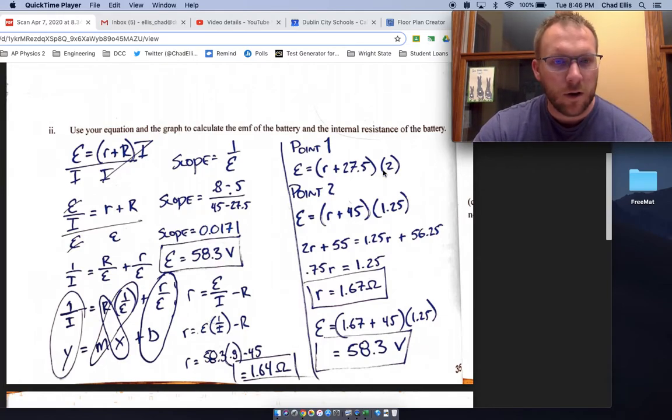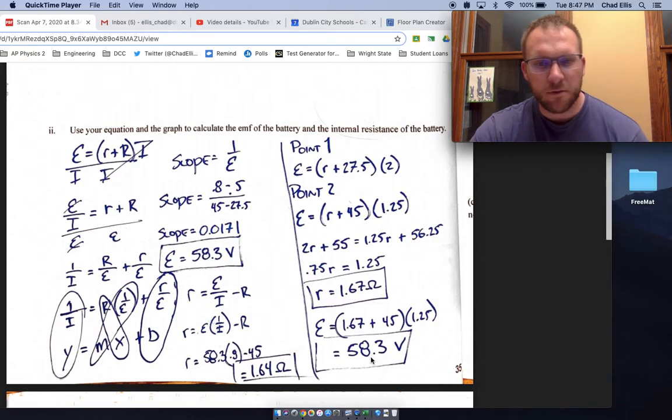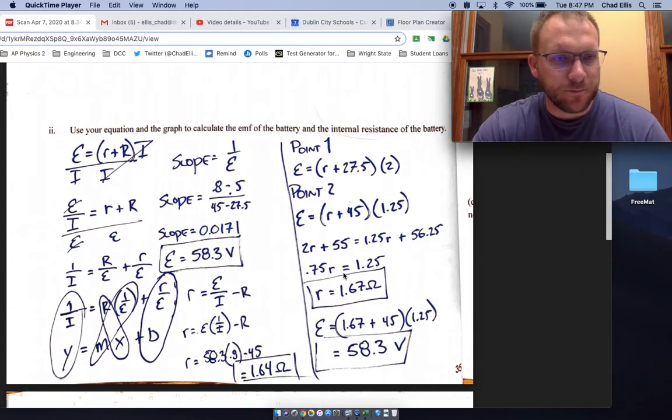So 1 over 0.5 is 2 and 1 over 0.8 is 1.25. Set those two equations equal to each other because they both equal E, and then I can work through this and solve for little r. I got 1.67, hey, that's really close to my 1.64, so I'm pretty happy with that. Then plug that back into my equation, and I got a voltage of 58.3 volts. So pretty happy with that. All right.